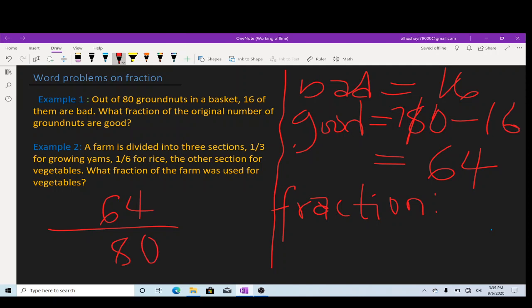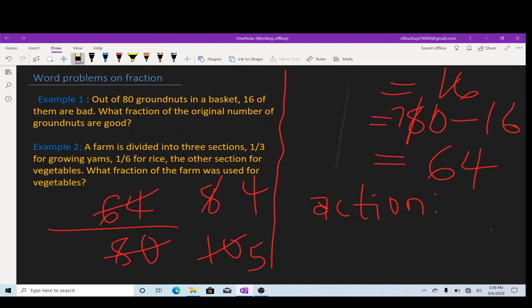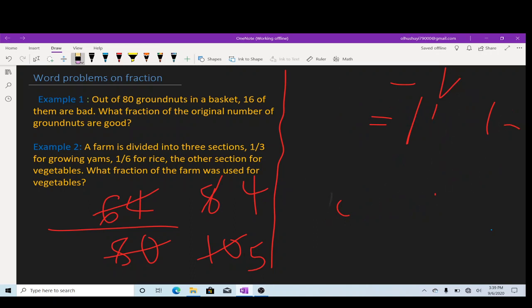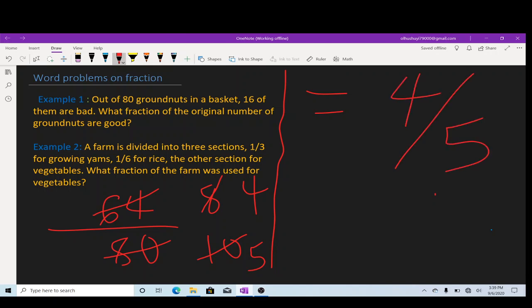Then you break down. You can break down with 2, with 4, you can equally break down with 8. So 8 here you have 8, 8 here you have 10, 2 here you have 4, 2 here you have 5. So our final answer, that is the fraction of the original number of granules, will be equal to 4 upon 5. We are done with that.